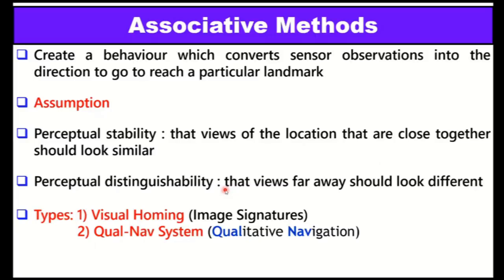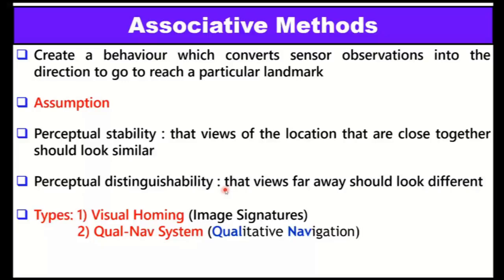Now, associative methods are where we can have sensor observations, or association of different landmarks. Of course, associative methods are generally higher-end methods where we need sensors, cameras or radars, so that perception can be done.